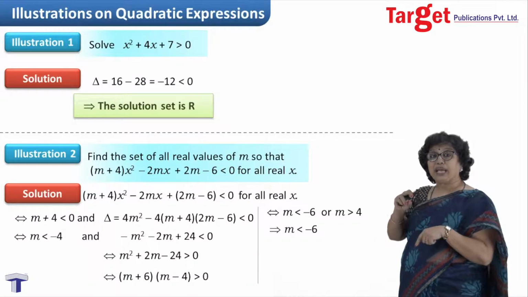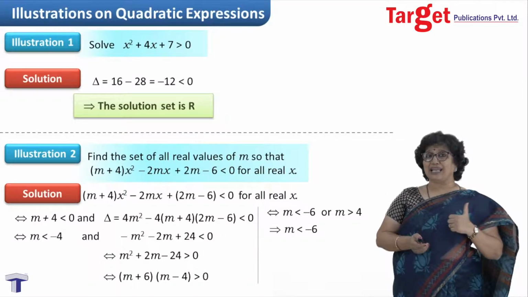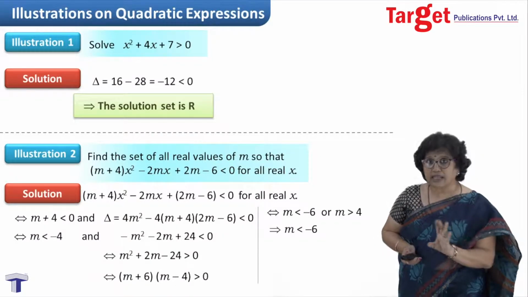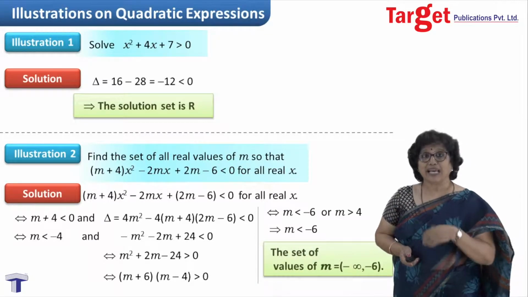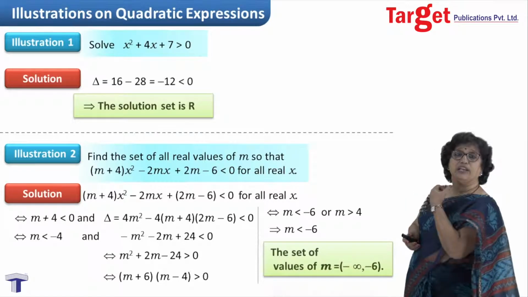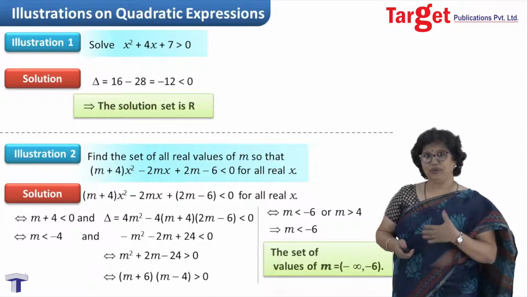Mind you please, had you taken m greater than 4, then that would not have satisfied m less than minus 4. So I have already rejected that m greater than 4. So the set of values of m, the expected one, is nothing but minus infinity to minus 6, round brackets, open interval.